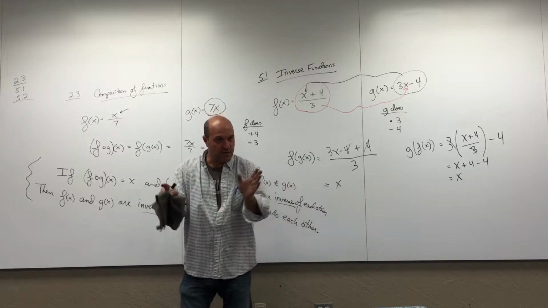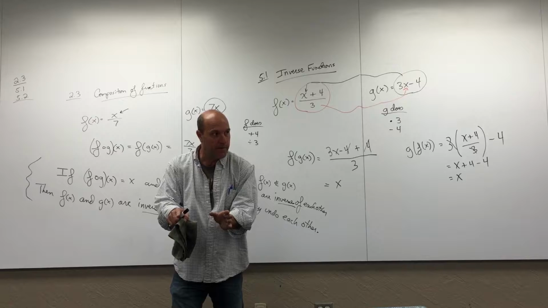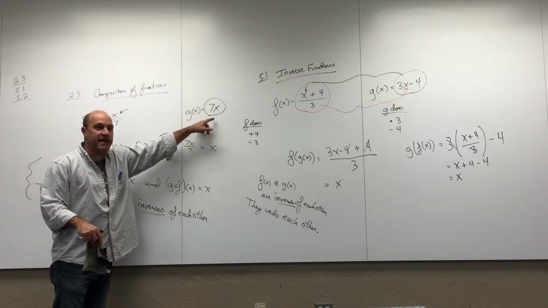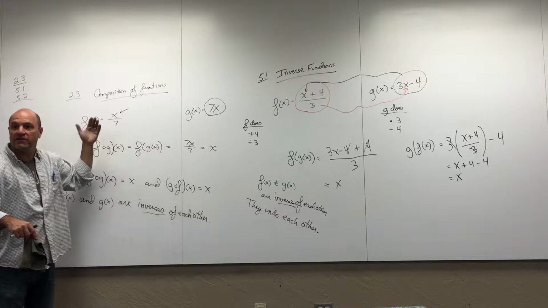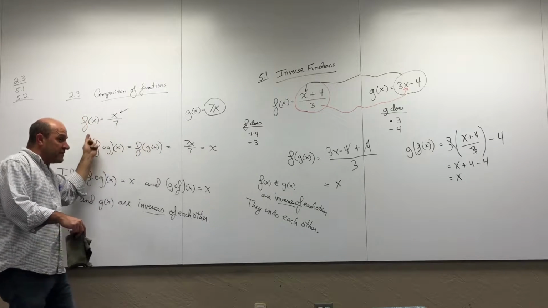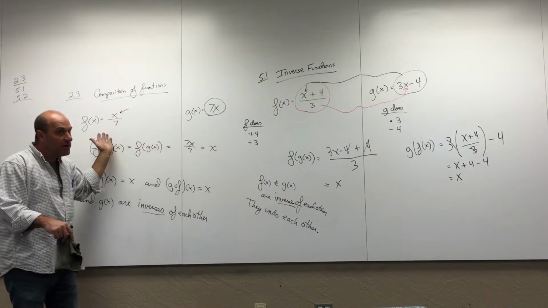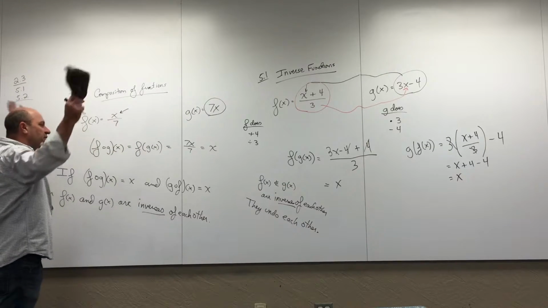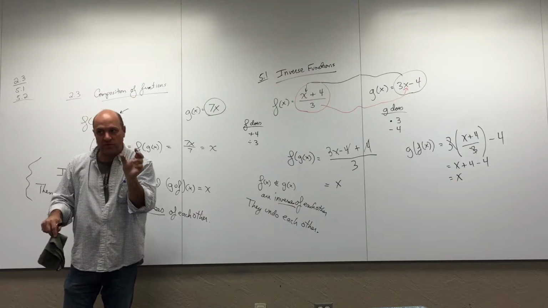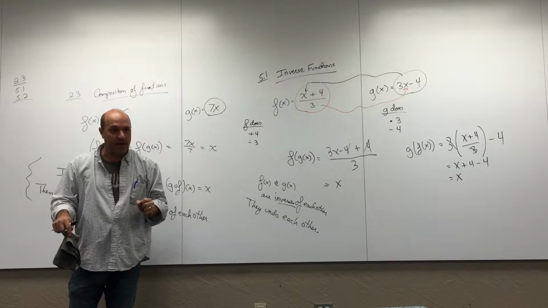There might be some special cases where it is a reciprocal, like this one. This function multiplies by 7. This function divides by 7. You could refer to the 7 and the 1/7 as reciprocals, but it's bigger and broader than that. So to equate the word inverse with reciprocal gets you into trouble sometimes.